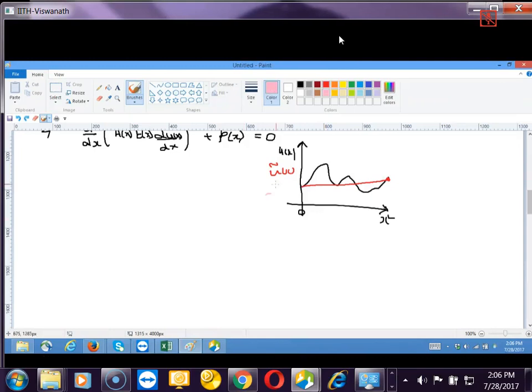Let's say the midpoint is somewhere here. The two element solution would be something like this, whereas a many element solution would look something like this.